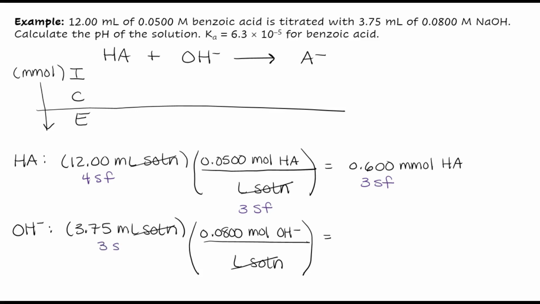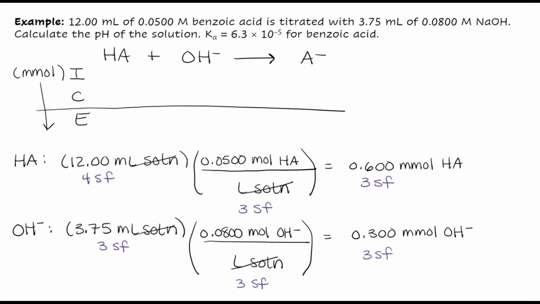We have 3 sig figs in our volume, 3 sig figs in our molarity, and our millimoles will also be rounded to 3 sig figs. Doing the math, 3.75 times 0.0800 rounded to 3 sig figs gives us 0.300 millimoles of OH-.